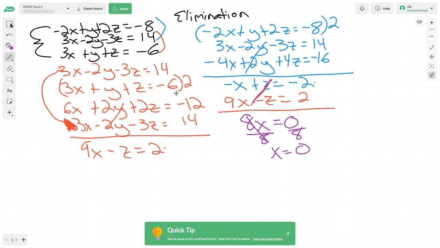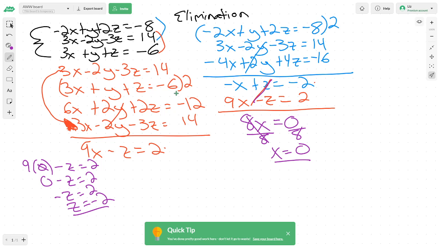So now I know x equals 0. So if I plug that in here, and I say 9 times 0 minus z equals 2, 0 minus z equals 2, negative z equals 2, so z equals negative 2.